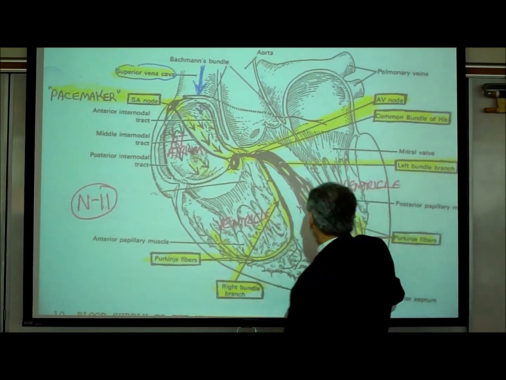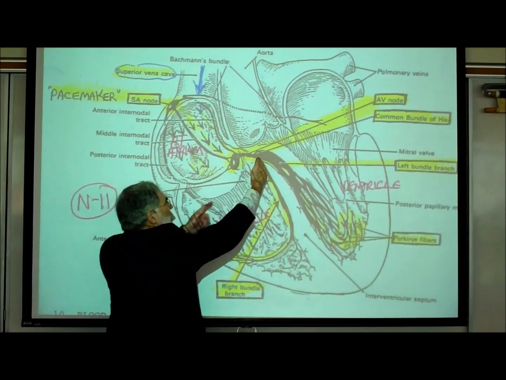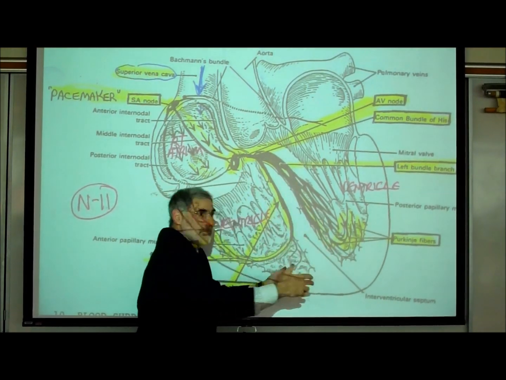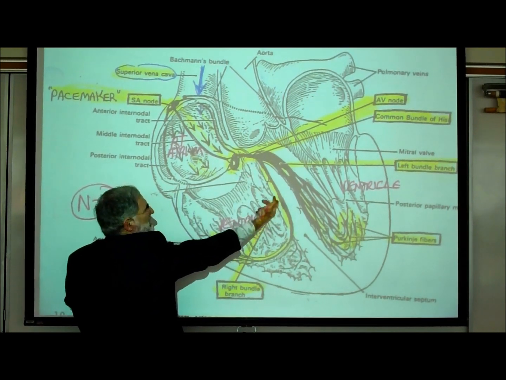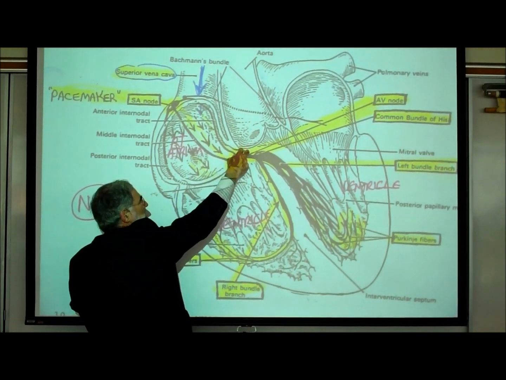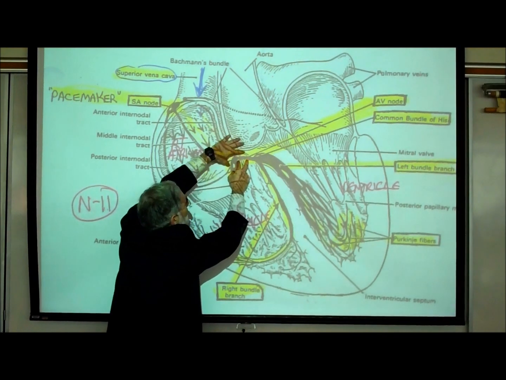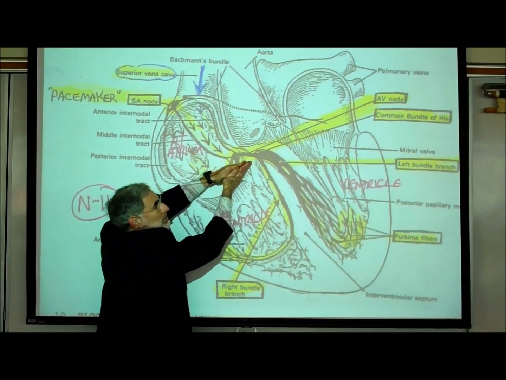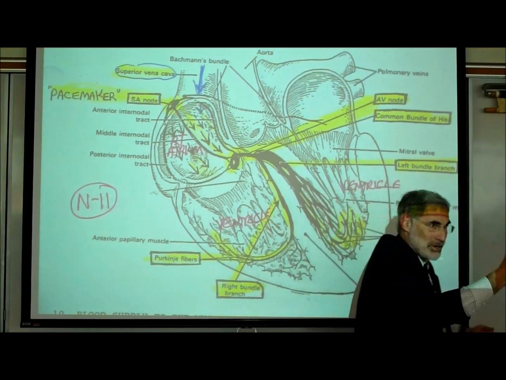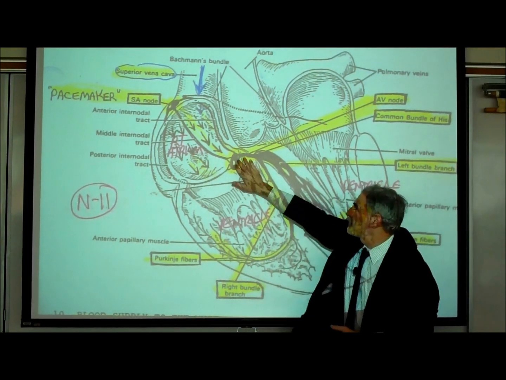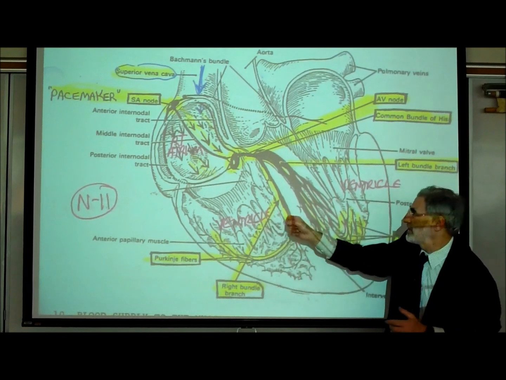This is an anterior view. And right here, this is the interventricular septum, the wall between the ventricles. The AV node is at the very top of this interventricular septum, right where the atria connect to the ventricles. And that's why it's called the atrioventricular node. It's right where the atria make contact with the ventricles.